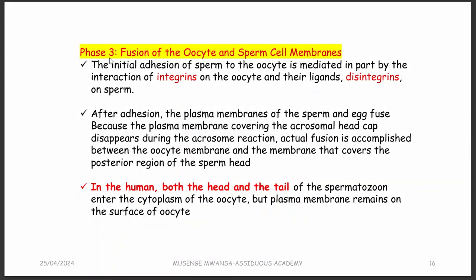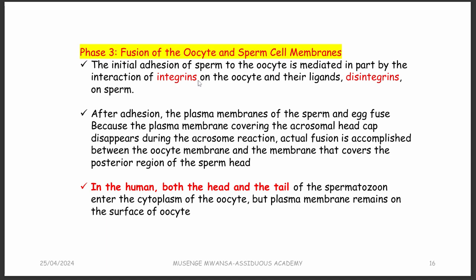Now phase 3 will involve the fusion of the oocyte and the sperm. The initial adhesion of the sperm to the oocyte is mediated in part by the interaction of integrins. So the sperm is interacting with the oocyte.